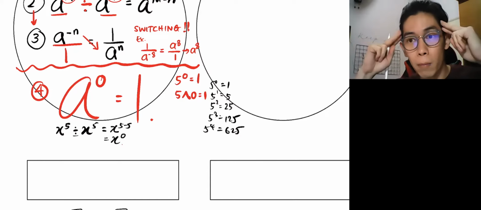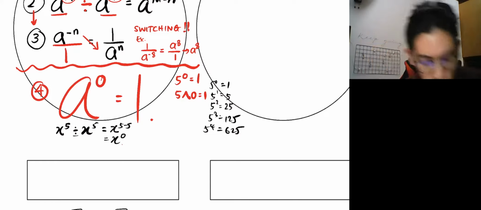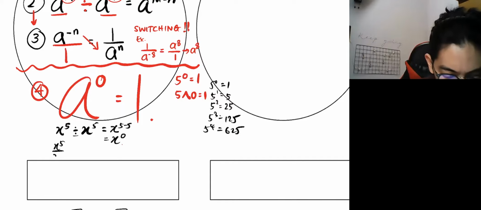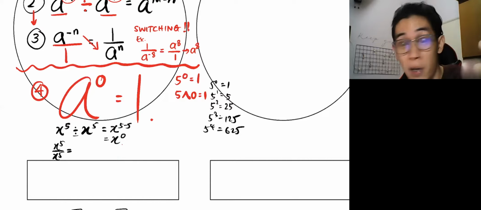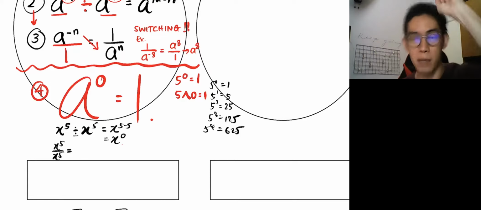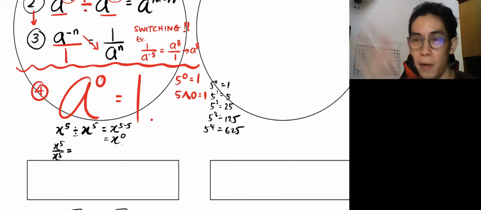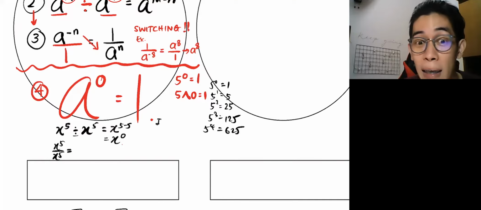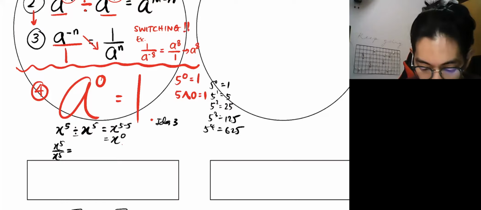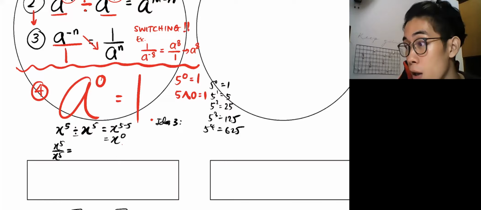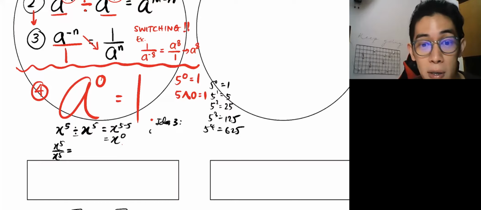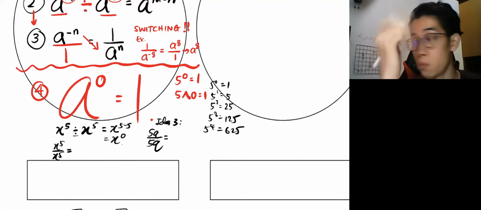My Form 3 teacher talked about this before. He said that anything divided by itself gives 1. So my maths teacher wrote the next working, x power 5 divided by x power 5, and then the whole thing just popped. So everyone, idea number 3 comes out. What is 5q divided by 5q? Tell me.